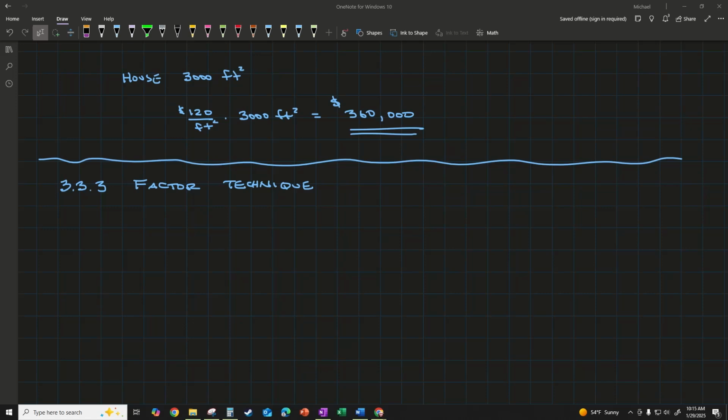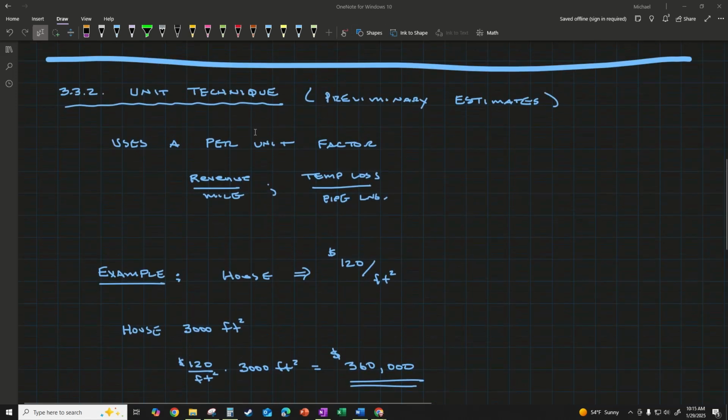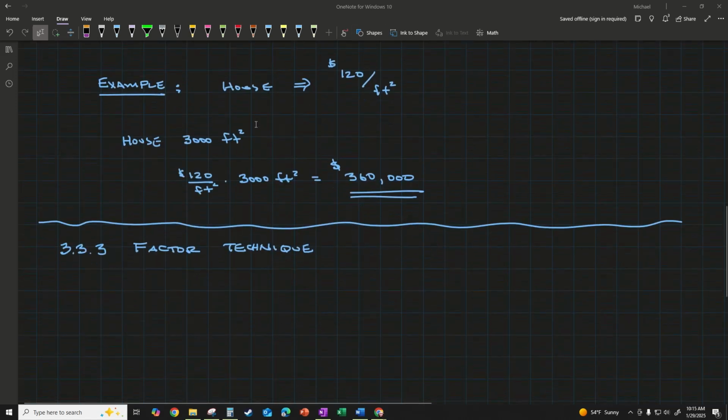So we can take this unit technique and factor it together into the factor technique, with products of several quantities, and then add other quantities to this to also do some estimation.